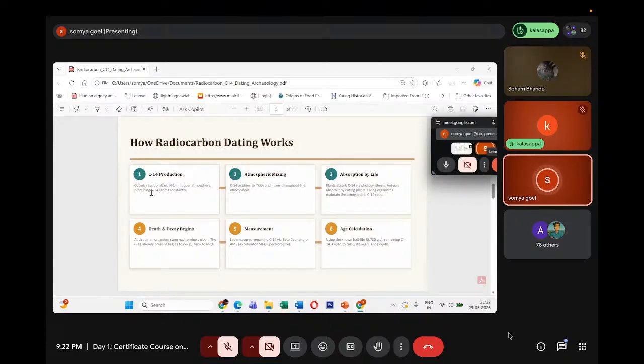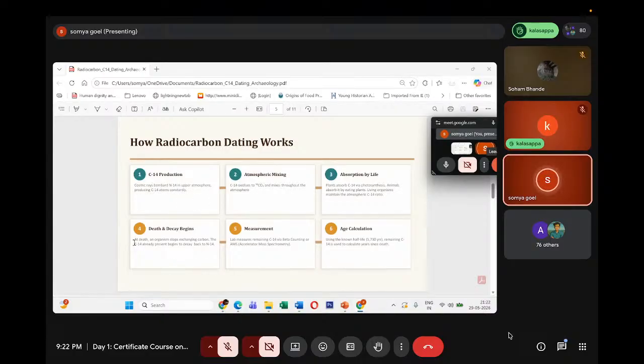These carbon 14 atoms oxidize to form carbon dioxide, which mixes throughout the atmosphere. Then they are absorbed by the plants and by all animals, herbivores, carnivores, and omnivores as well, and all of these living organisms maintain the atmospheric carbon 14 to carbon 12 ratio. This cycling continues till the organism dies.